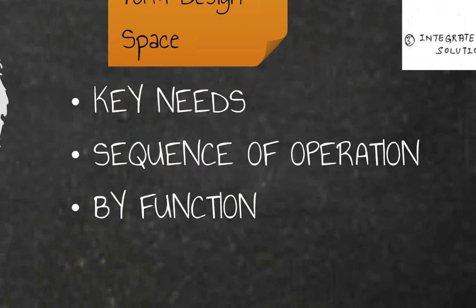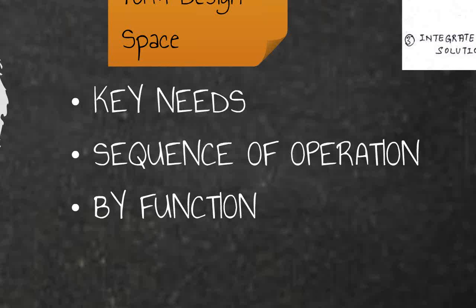Otherwise, there are 2 other methods as well. One is exploration based on sequence of operations, which is useful in designing services for any product. Suppose there is a car rental service, or a bus rental service, or hotel room management.